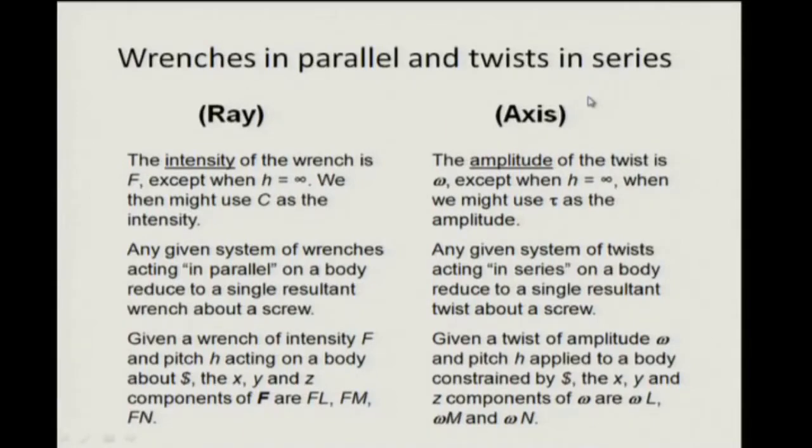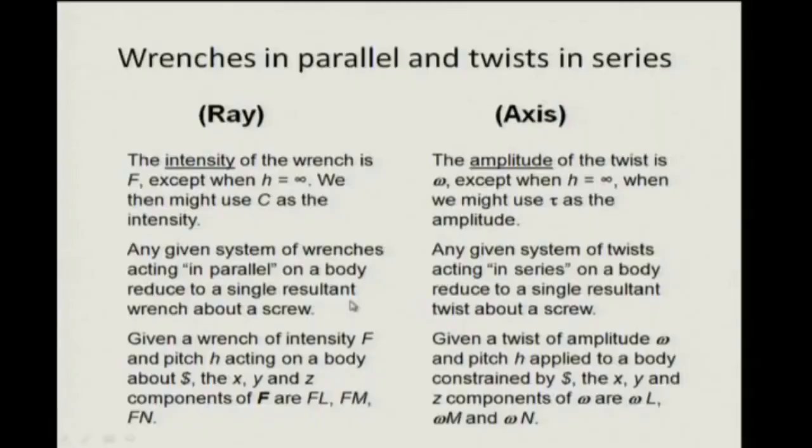The important result here is that any given system of wrenches acting in parallel on a body reduces to a single resultant wrench about a screw. So you can literally add up the wrenches together. You have a body with multiple force-moment combinations acting on it in parallel.